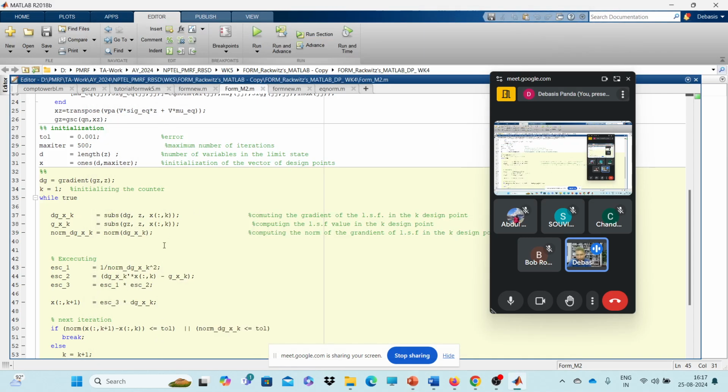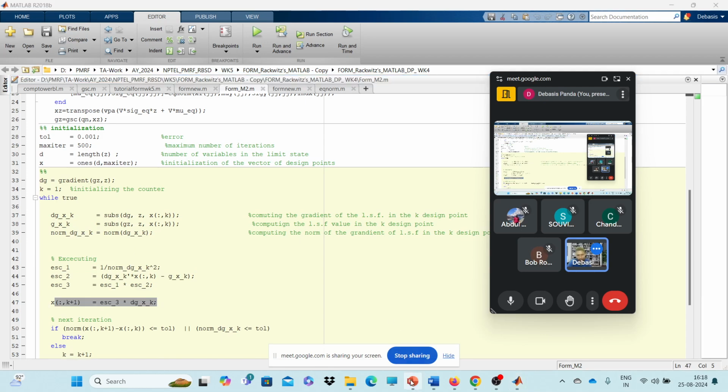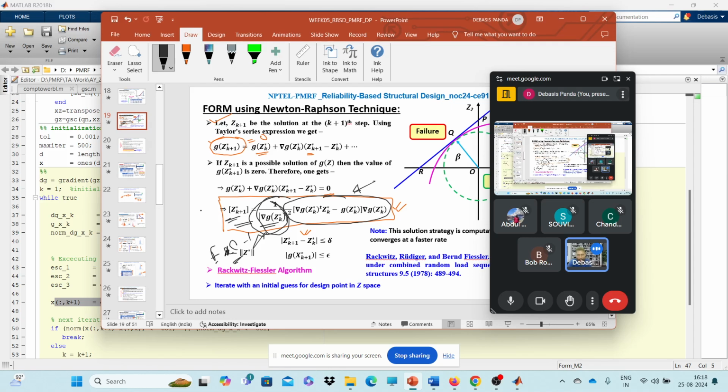Right here we will get the final expression. So expression 3 will be nothing but expression 1 into expression 2. This part will get multiplied by dg into xk, already we have found out. So in line number 47, our matrix form has been established.